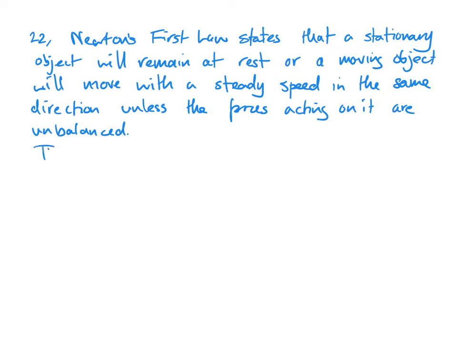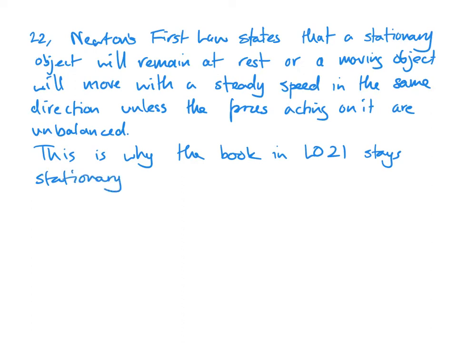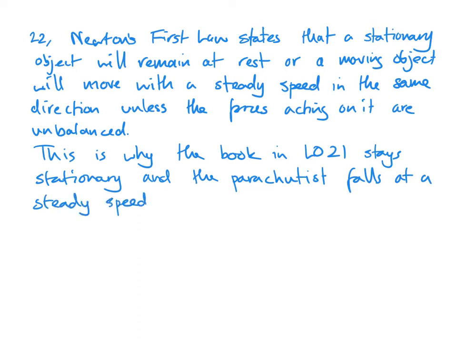So this is why the book in LO 21, which means Learning Outcome 21 that we've just done, stays stationary, and the parachutist falls at steady speed down, so the direction doesn't change either.